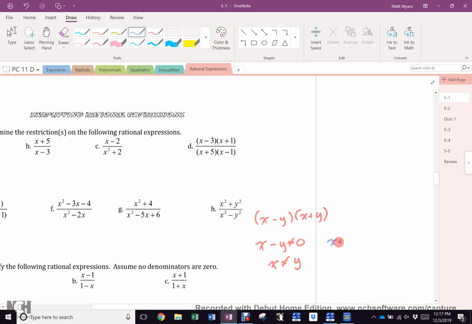But x plus y also can't equal 0, so x can't equal negative y. No matter what I put in for x, I can't have its opposite, or I will have 0 on this side, right? If x equaled 4, y could not equal negative 4 because that would be 0.